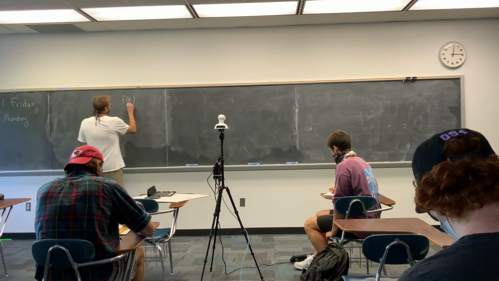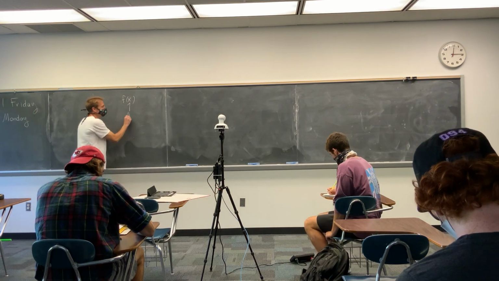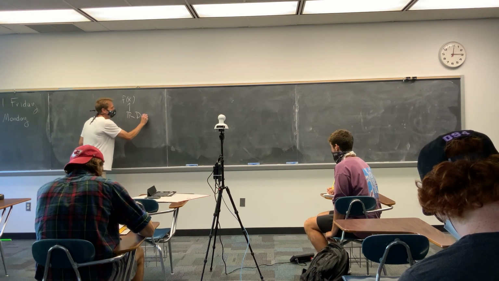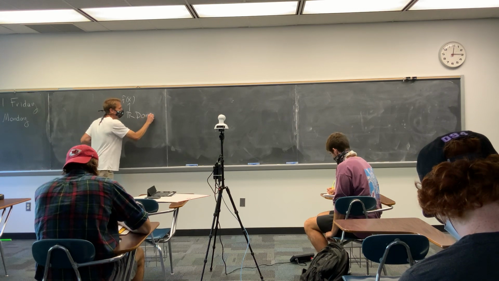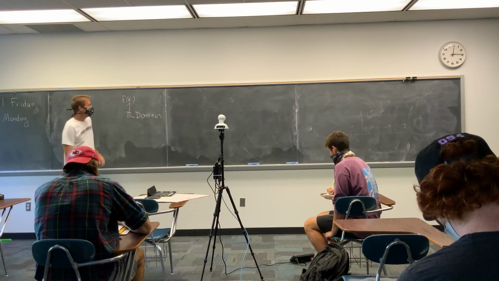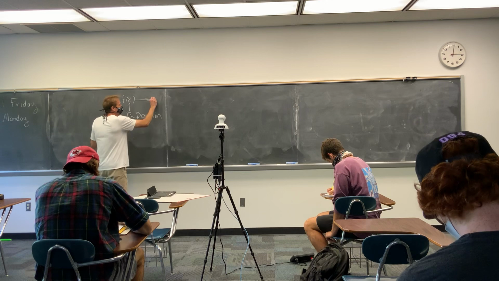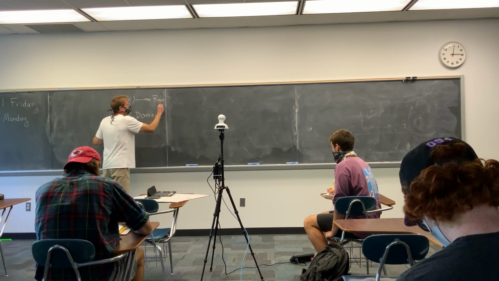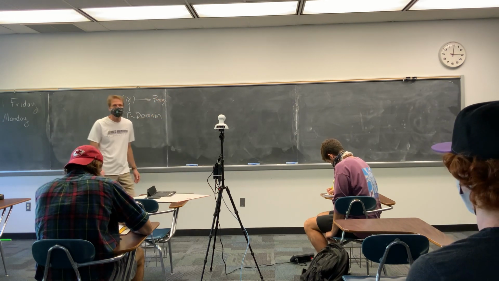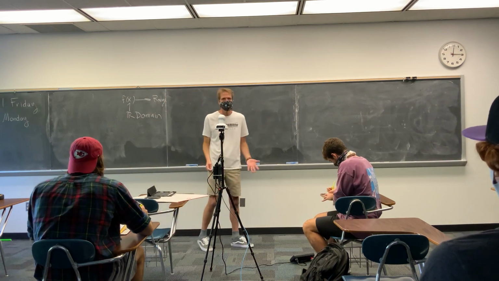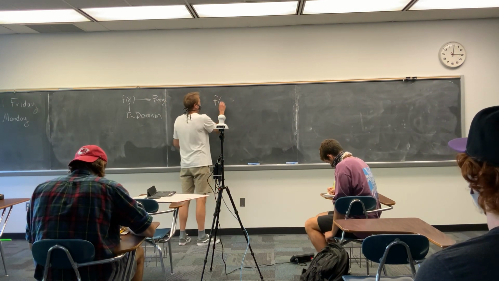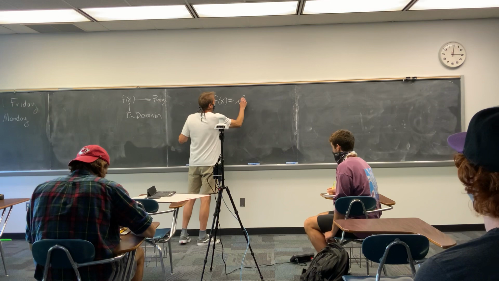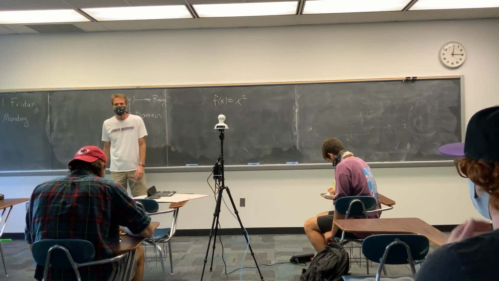So x here is coming from the real numbers. It's a domain value, back in high school. What's coming out of the function, your f of x, is the range. Your f of x is the range value. So when you say f of x, let's pick our favorite function, f of x equals x squared.